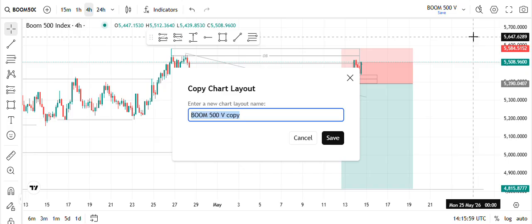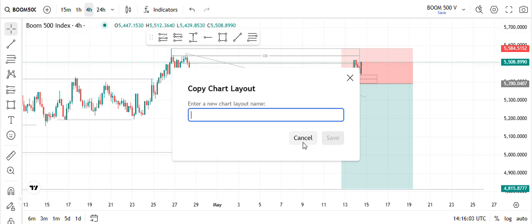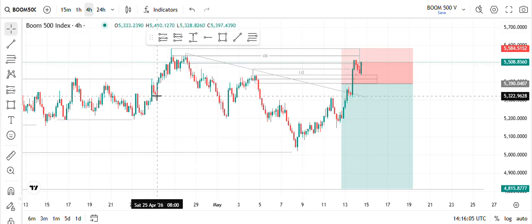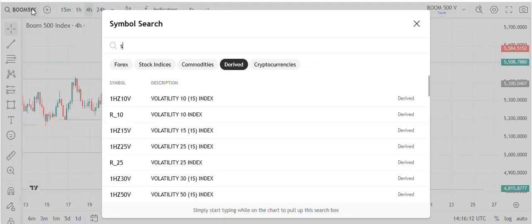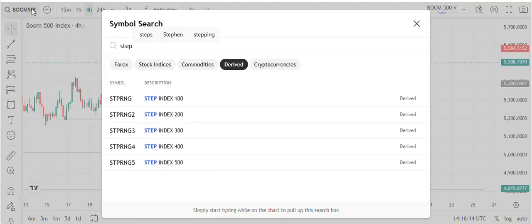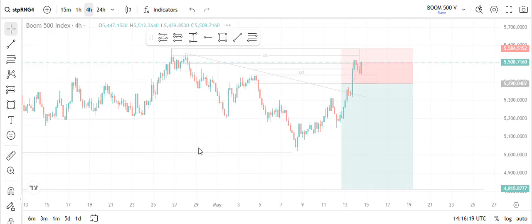So make a copy. Let me see. We did a step index last time, so we'll look for another step. Okay, we should go with Step 400.